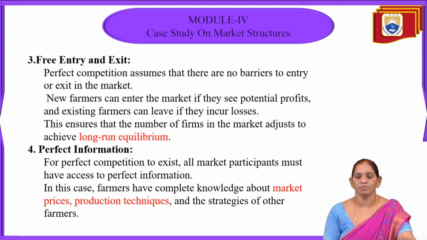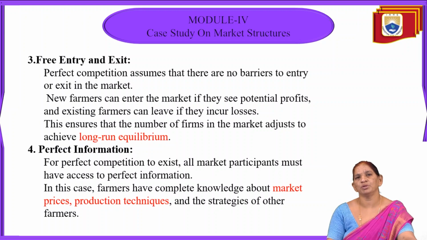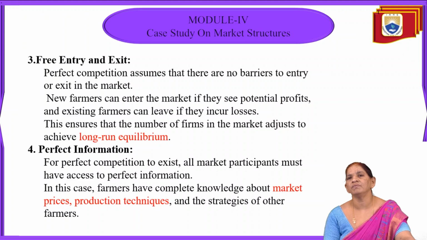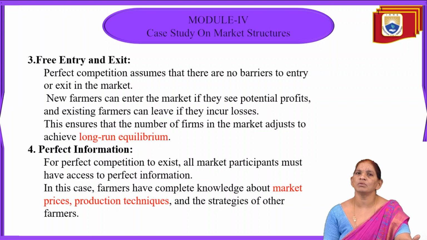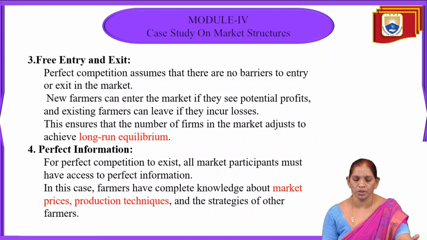And the next one is perfect information. In perfect competition, all market participants must have access to perfect information. That is one of the important features: without having the total information regarding the market structure, the farmers or the producers cannot enter into the market.